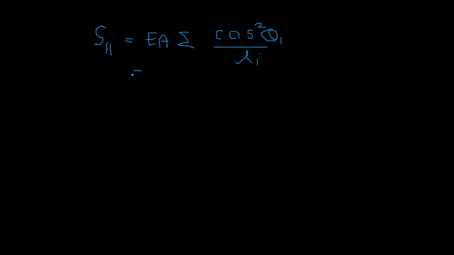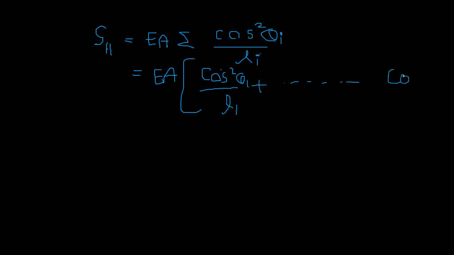So that means EA times cos squared theta 1 over L1 plus dot, the final one is cos squared theta 6, there are 6 members, over L6.